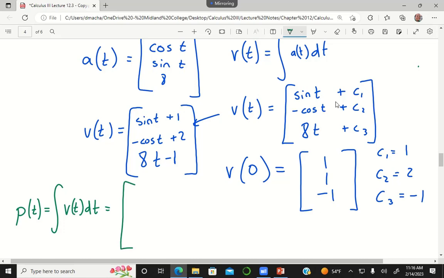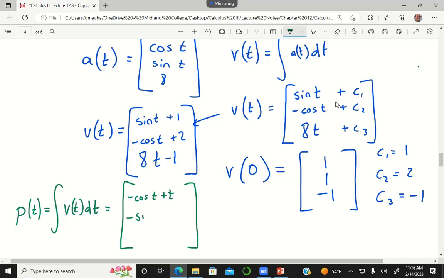So my position vector, what's the antiderivative of sine? Negative cosine. The antiderivative of 1 is t. Okay. What's the antiderivative of negative cosine?